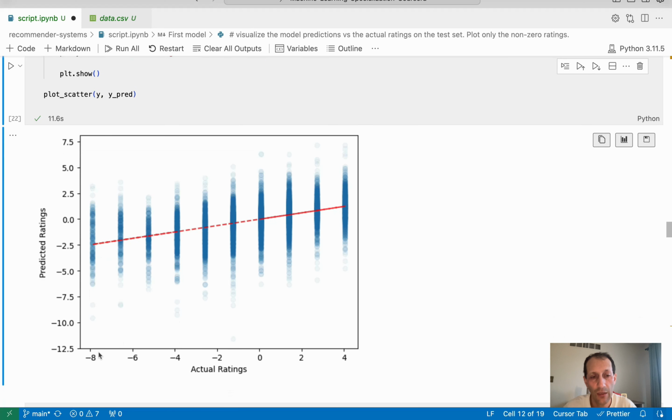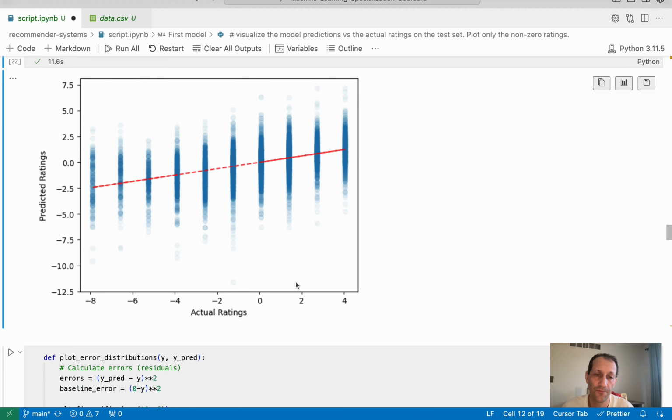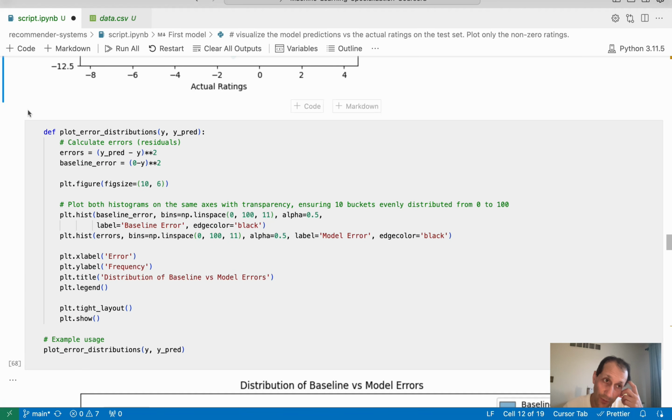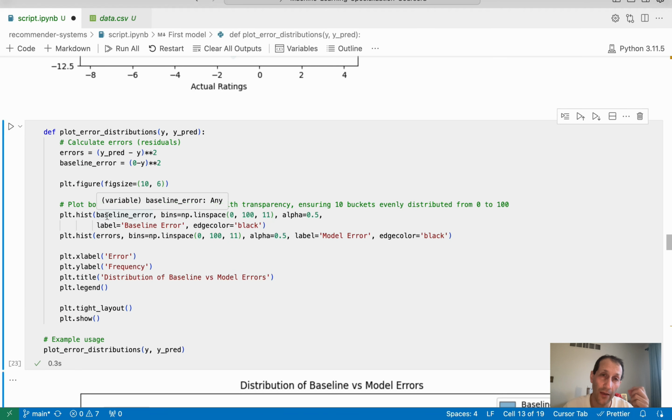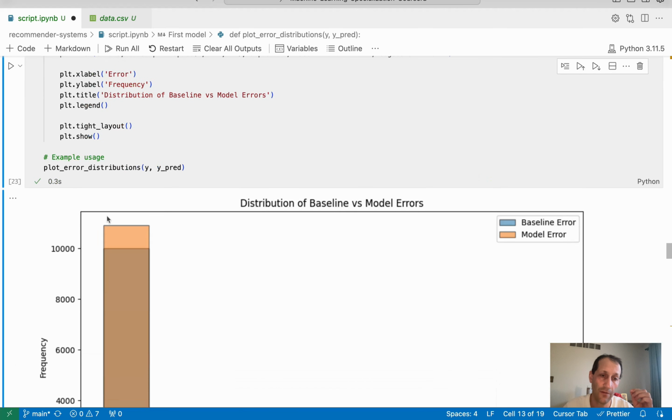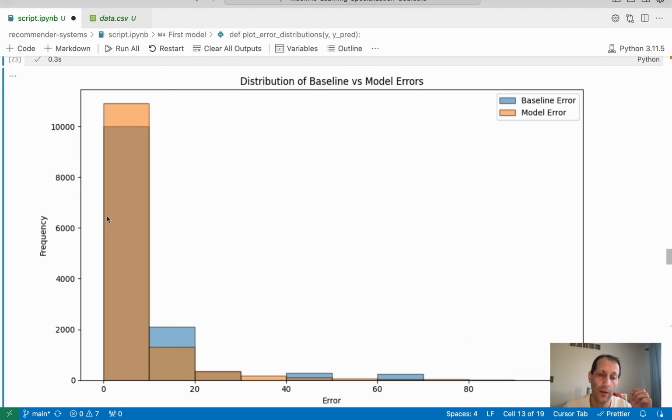And here are the actual ratings. Again, this is normalized, so it's not from 0.5 to 5 anymore. And these are the predictions, and you can see that the model has picked up something. And if I plot the errors in a histogram, the blue is the baseline, which is just using the means, and yellow is the model errors.